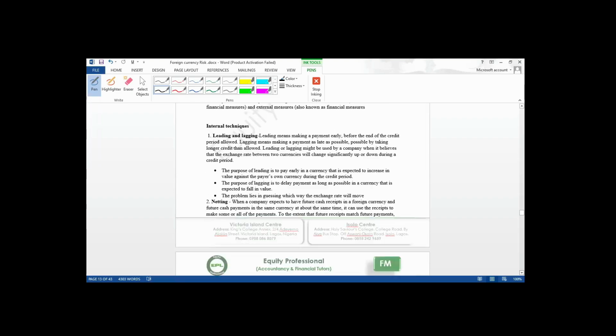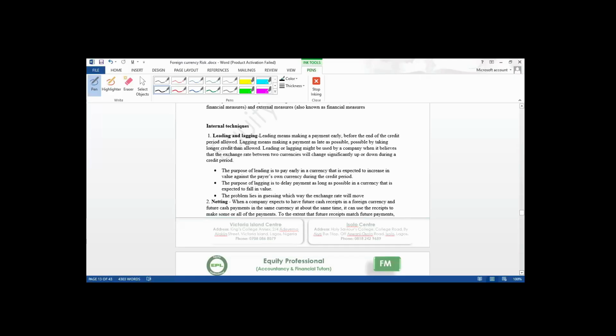Number 2 method, netting. Netting simply means netting off your future expected receipts in foreign currency against future expected payments in the same foreign currency.